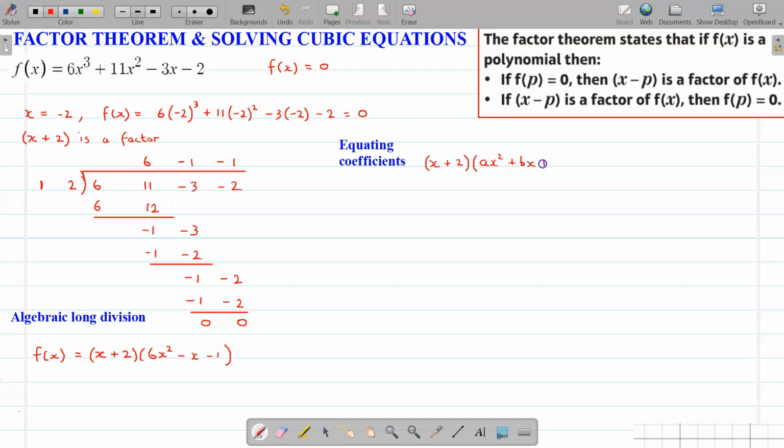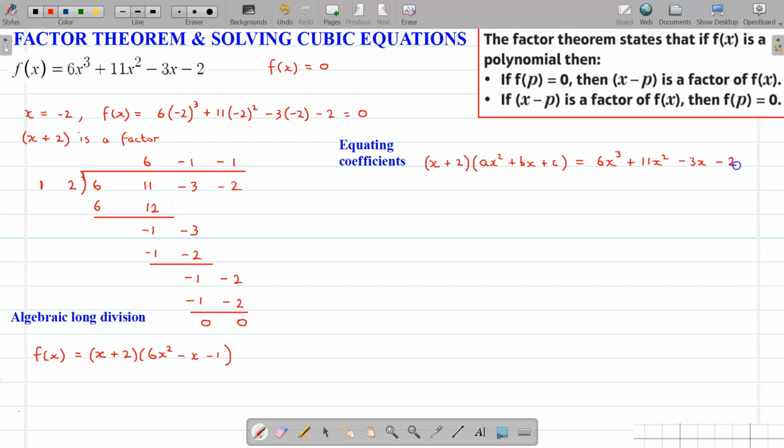And we know that if we multiplied those two things together, we would get our cubic expression, our cubic function, which is 6x cubed plus 11x squared minus 3x and minus 2.